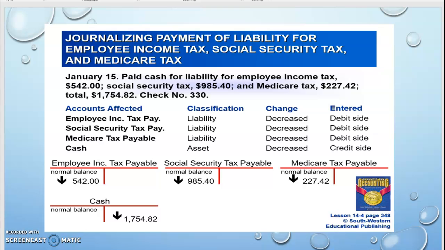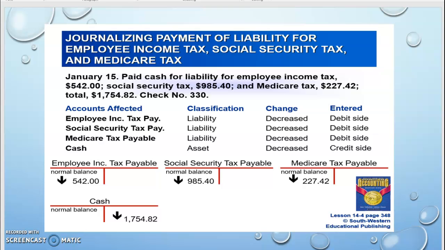Then the business actually has to record that transaction. And the transaction goes debits to the employee income tax, Social Security, and Medicare tax. Remember, when we recorded them as credits, we put them in as credits to hold in that account.